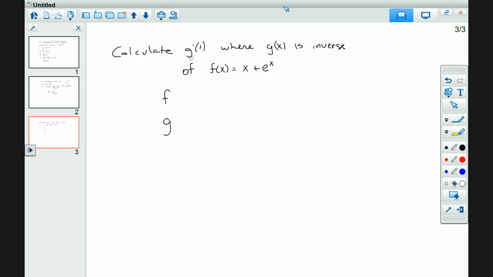You are given g prime at 1, right? So in g, that is an x value, correct? Where is that in f? See, we're switching x's and y's. How can I find that value? 0. Yeah. In the equation, I now have my x value here and my y value here.